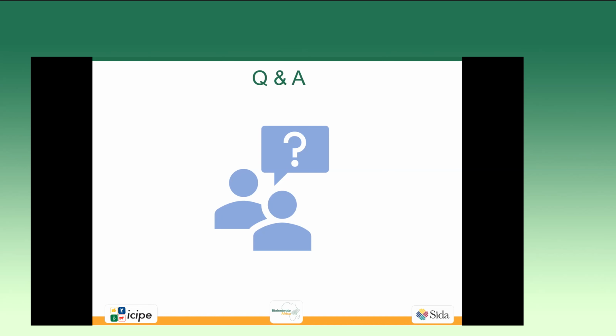Those ones can apply, and after that, during the selection, you can give them a chance to complete the missing documents, to get the grant you are planning to give to the selected projects. Thank you. Okay, thank you so much for your question.